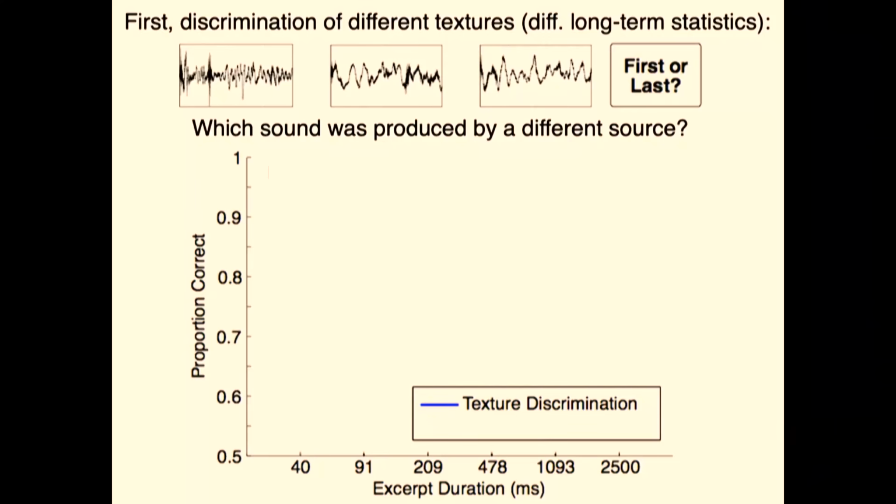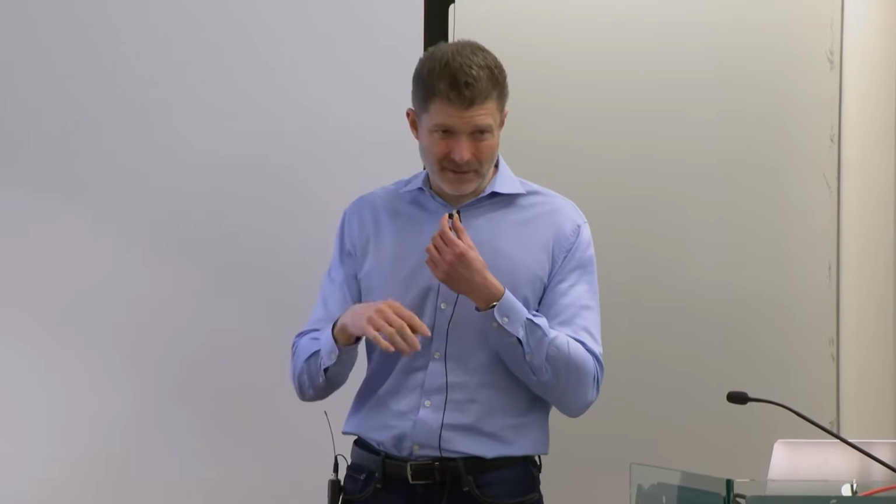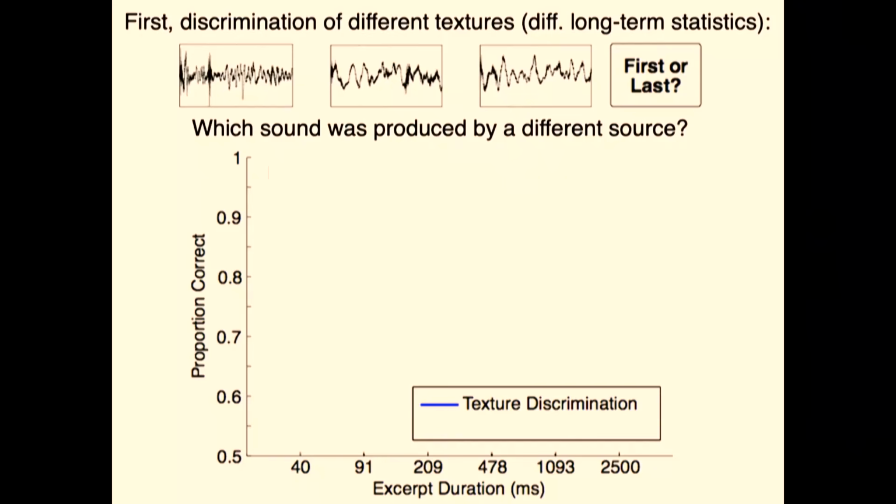So it could be rain. Okay, the third excerpt, which in this case is first, but it can either go first or last, is an excerpt of a different texture. So it could be fire. Okay, and the task that the person has to perform is to say which sound was produced by a different source. In this case, the answer would be first. Okay, it's a different texture.